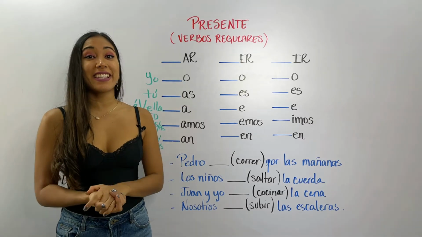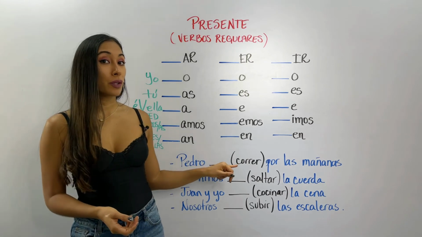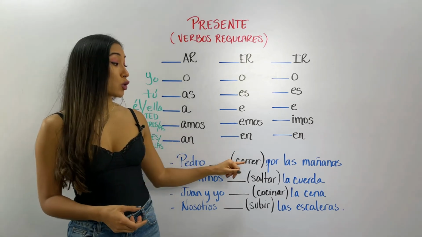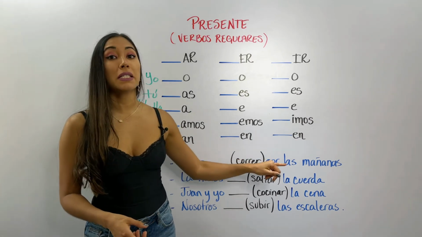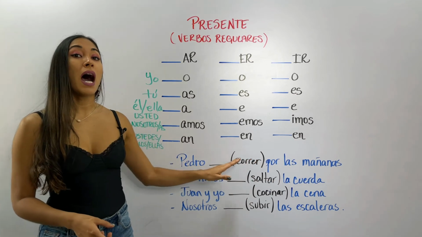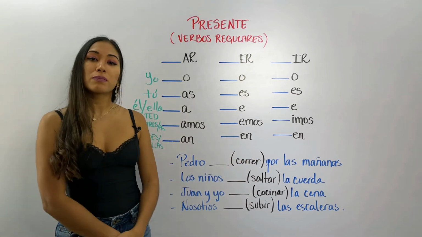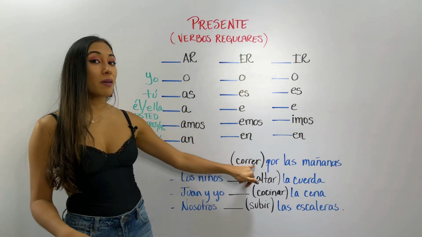Okay guys, let's see some exercises. Pedro, correr por las mañanas. Pedro, to run in the mornings. So, how would you say Pedro runs in the mornings? How do you conjugate the verb? Correr, it's a what?